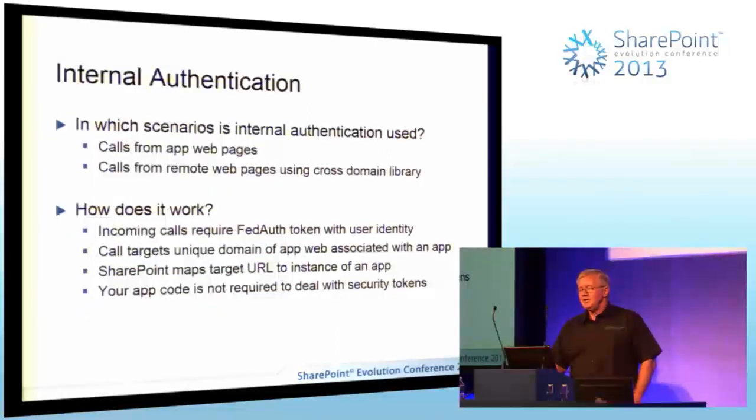Okay, now, once again, internal authentication just happens. And typically, it's when calls come in through the app web. And obviously, when you're creating a SharePoint hosted app, all your calls are coming in through the app web.